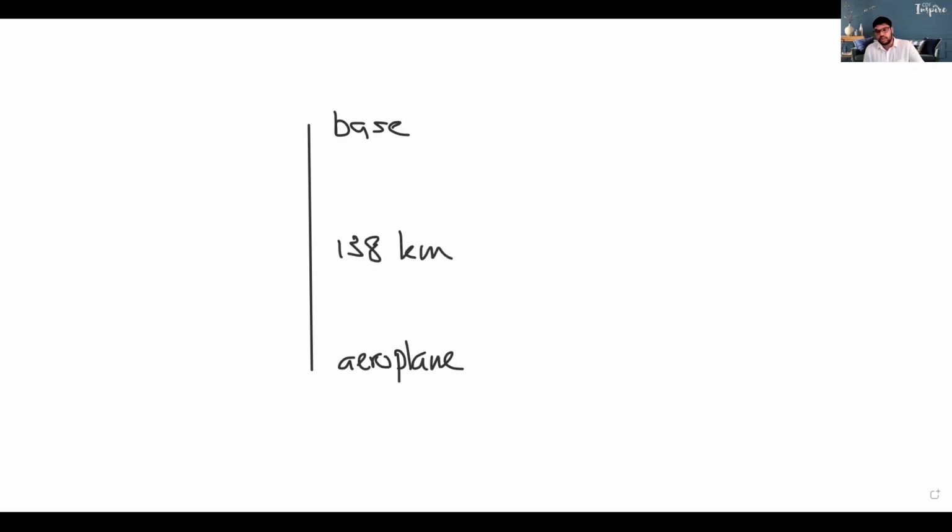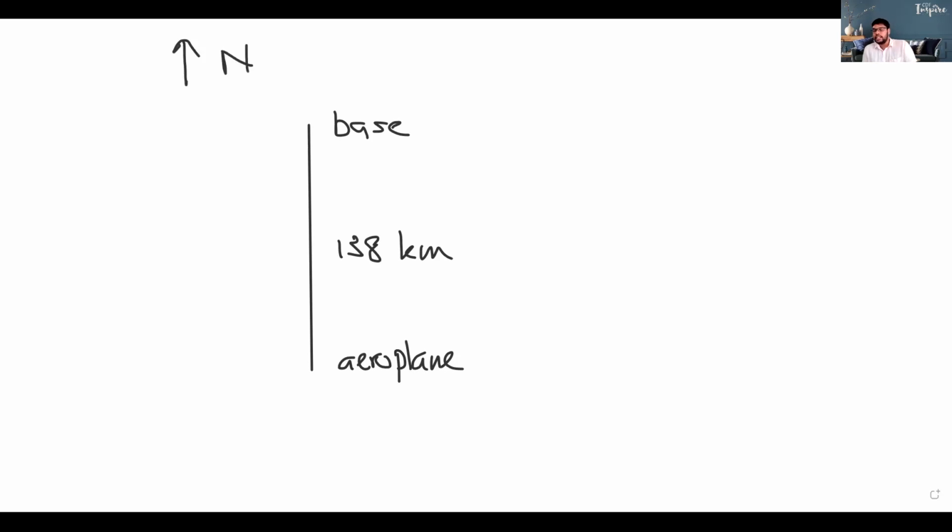So let's draw a diagram. The question says an aeroplane is 138 kilometers due south from a military air base. That means, children, if this is the base, the aeroplane is somewhere here, directly south, and it is 138 kilometers south. Teacher, mark the north. Ah, yes. Children, the upwards direction is north.